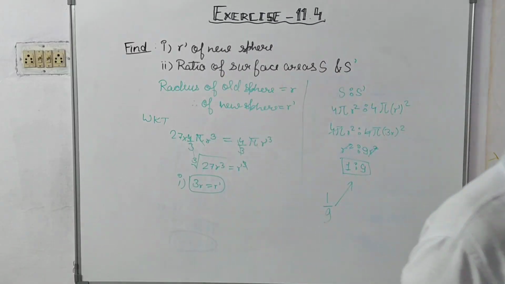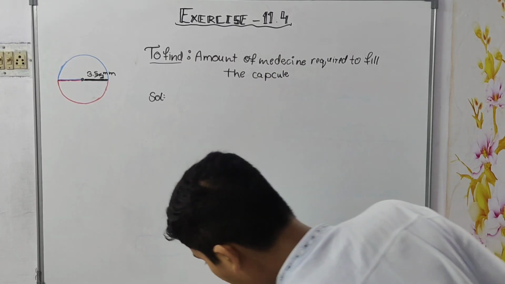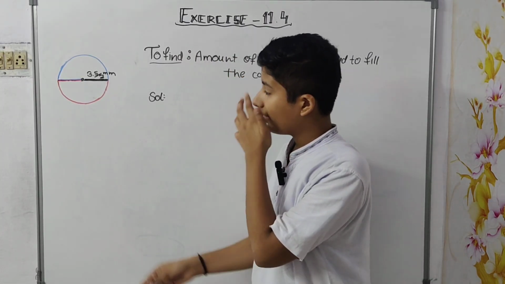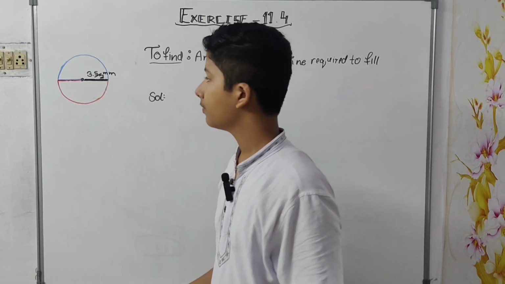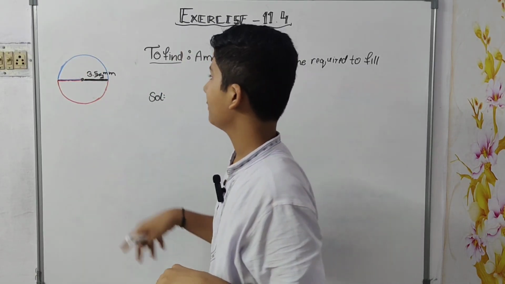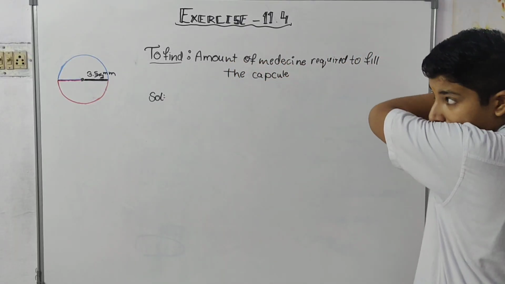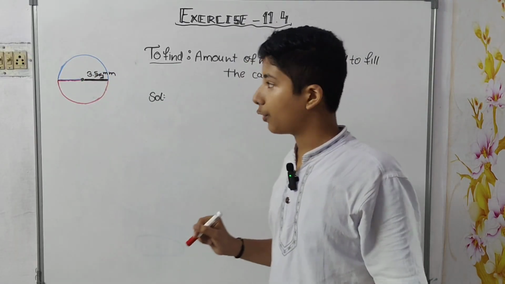Now let's come to the next question. In the last question of the video, it is given that there is a spherical capsule. It is usually of blue and red color, so I have made it. We have to find out the amount of medicine required to fill this capsule.